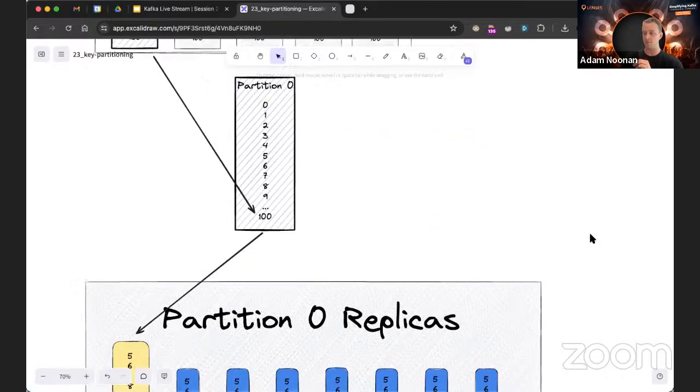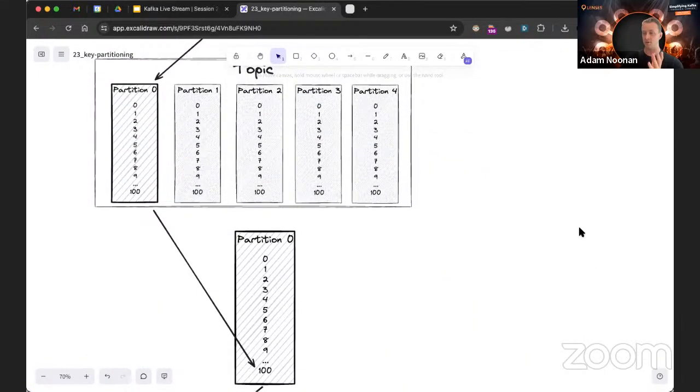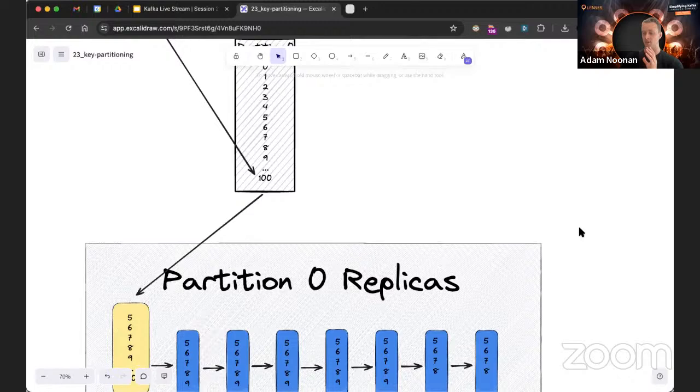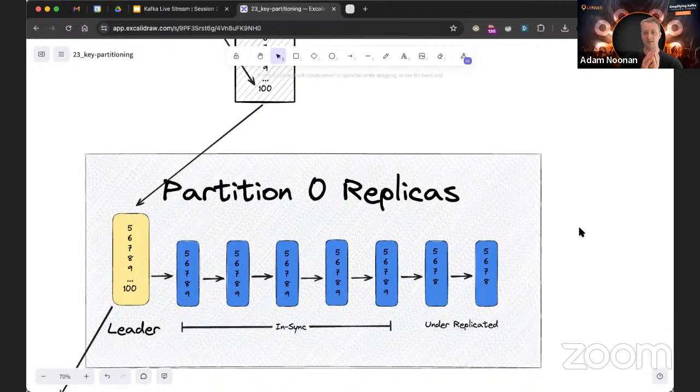In this example, we have 4 different partitions, but each of these 4 partitions is going to have copies of that exact same data. And those copies are going to be spread across the entire Kafka cluster. So we've got partition 0 here, and this partition has 7 different replicas. And those replicas are going to be on different brokers within the Kafka cluster.